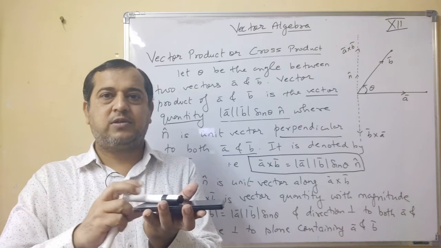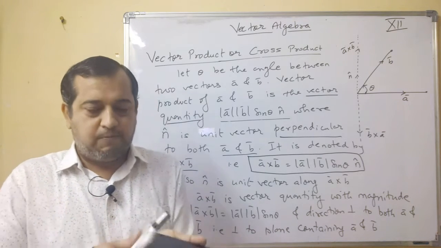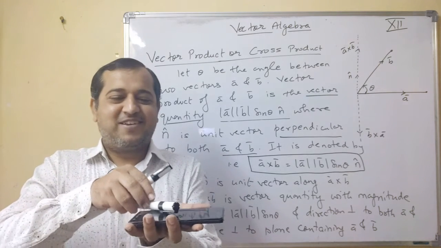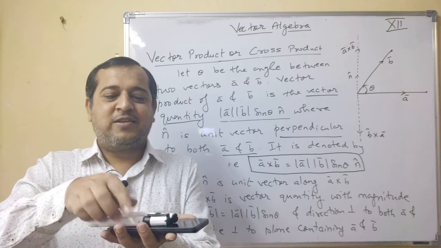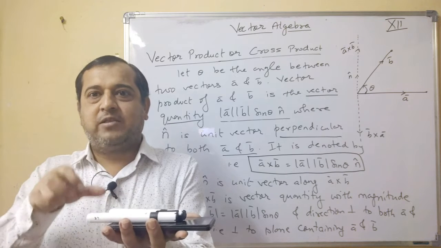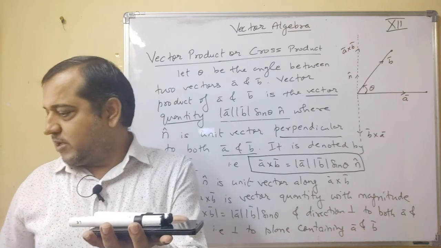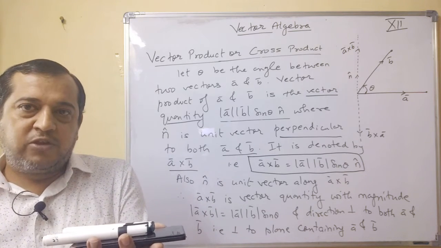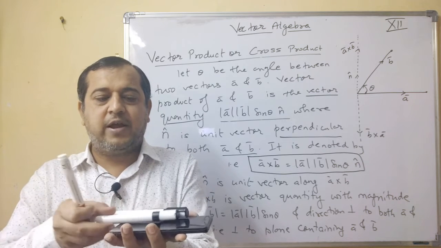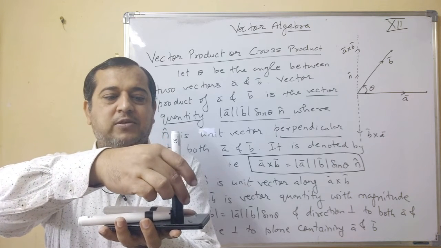Suppose you have two vectors, this is one vector, this is the other vector. It is a little tough to explain in the video, but I have placed two markers on a flat plane. This flat plane is nothing but a mobile handset, and I have placed two markers on it. If these two vectors are vector A and vector B, then vector A cross B will be this.